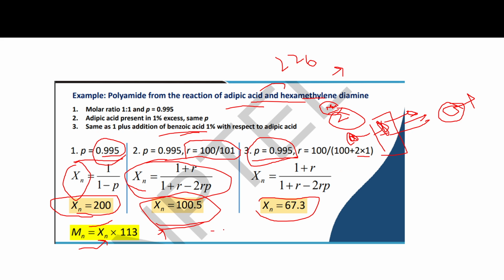So it is reduced as the monofunctional impurity increases. Now for the ratio of reactivity: 100% is the amine, but the acid concentration is changing, so the acid will be 100, and with 1% adipic acid and 1% excess benzoic acid, it comes to 102. From there we can calculate the degree of polymerization.